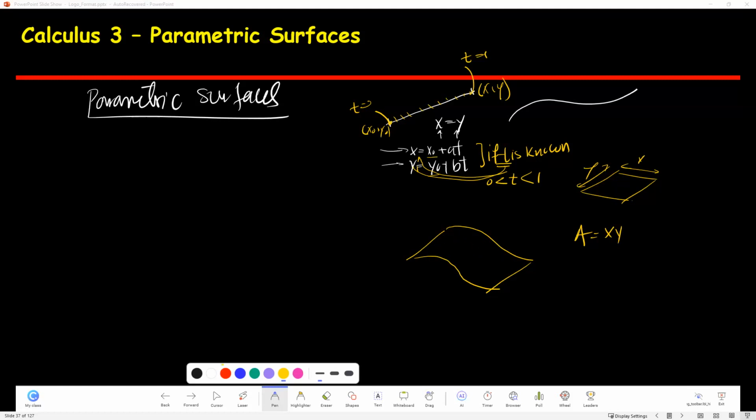What I usually do is split it into pieces. Every piece, like this piece, is going to look like a little surface.